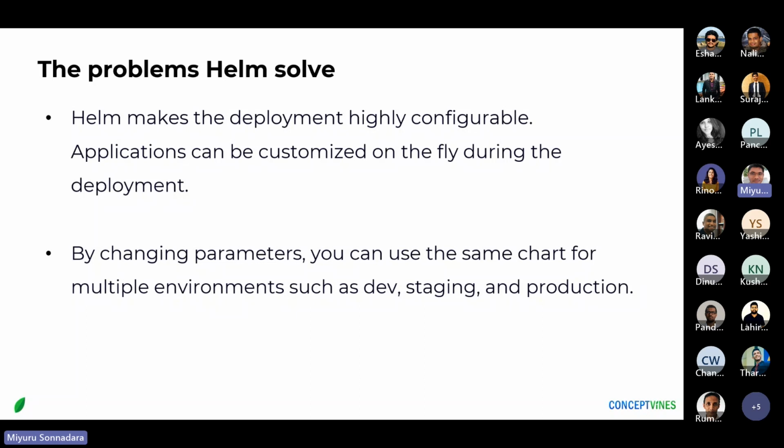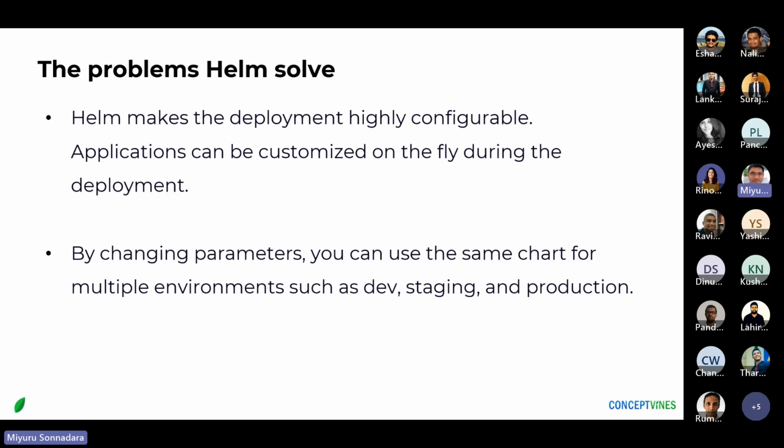So a particular application can be deployed with an entirely different set of values using a single command. And that allows us to maintain a single chart with enough customization.